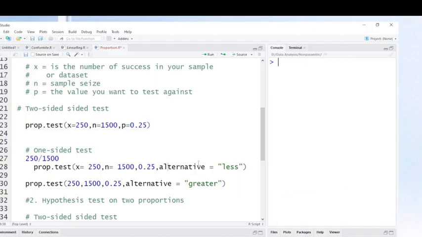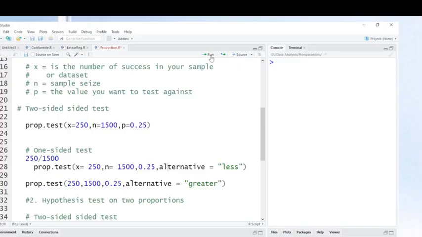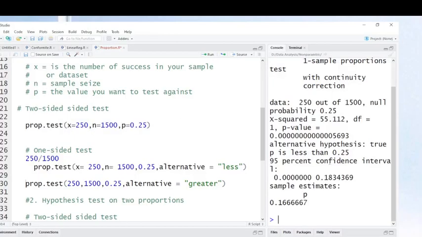Let's clean this. Now, as you can see here, friends, the null hypothesis was rejected. The null hypothesis is that this standard we are comparing to this one is less than this proportion.